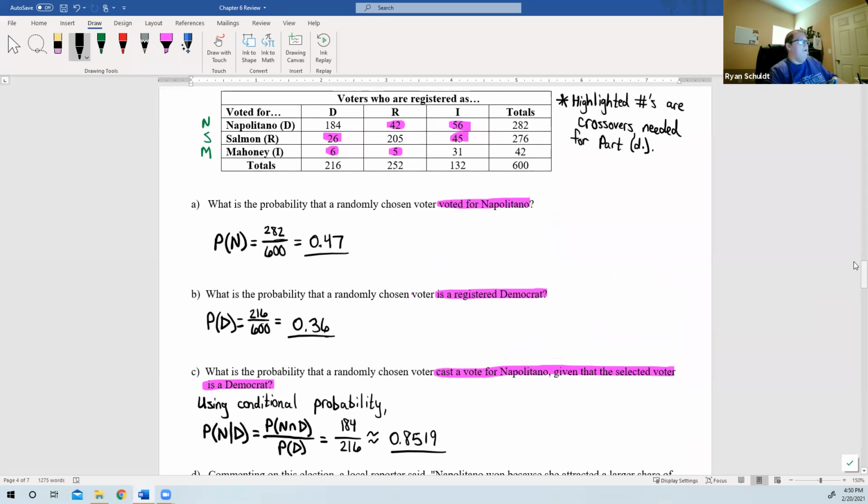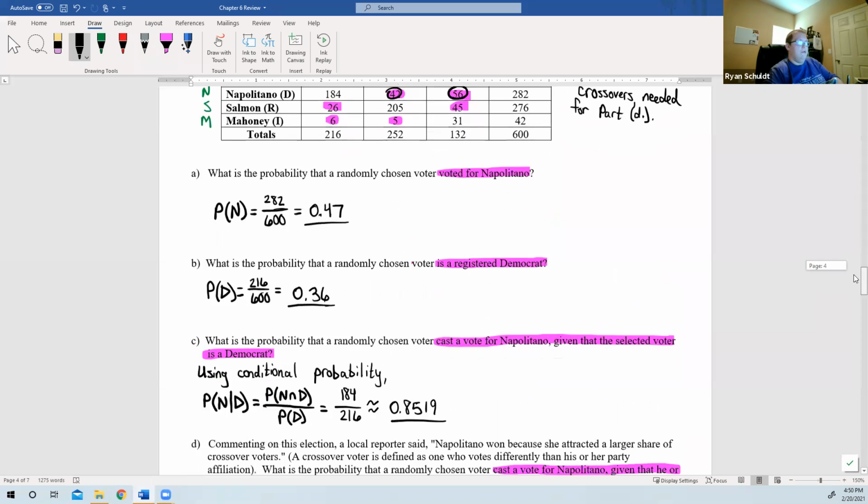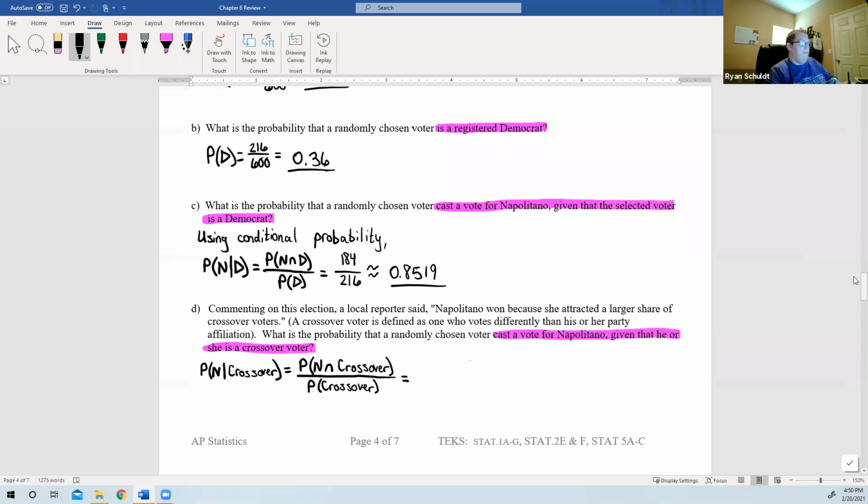What numbers? 42 and 56. That's what's going to go on top. 42 plus 56. The bottom's going to be all of the crossovers.